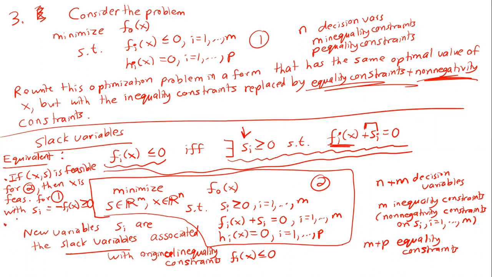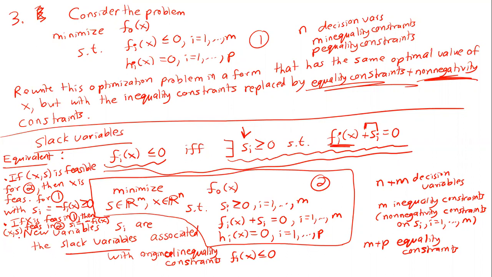And then we also have that if x is feasible in the original, then there is an (x, s) with the same x and with an s that's feasible in the second one, where si is equal to negative fi of x.